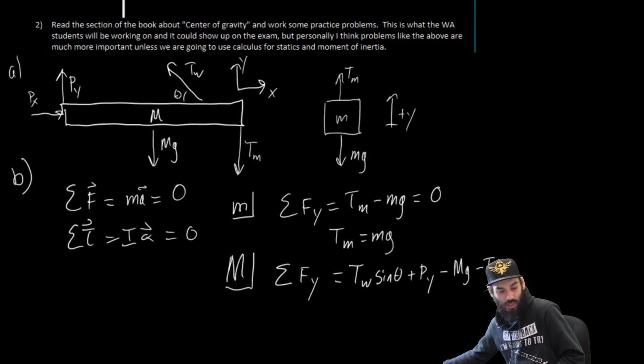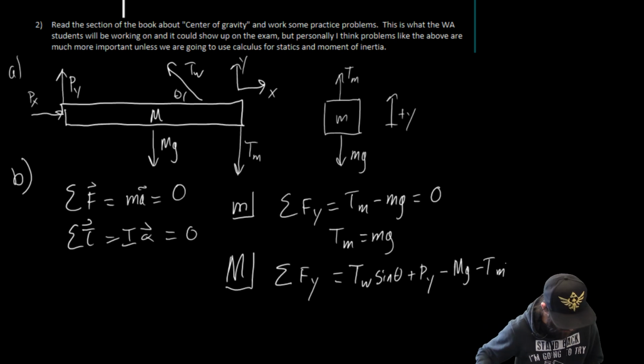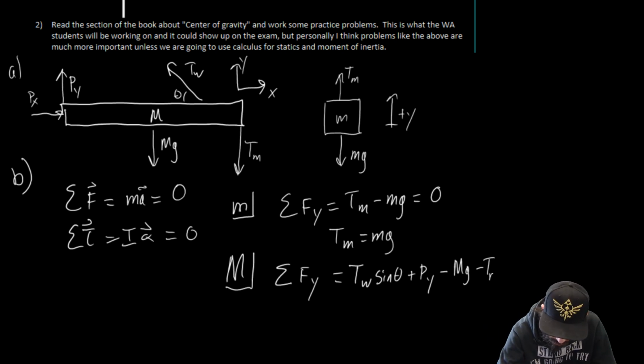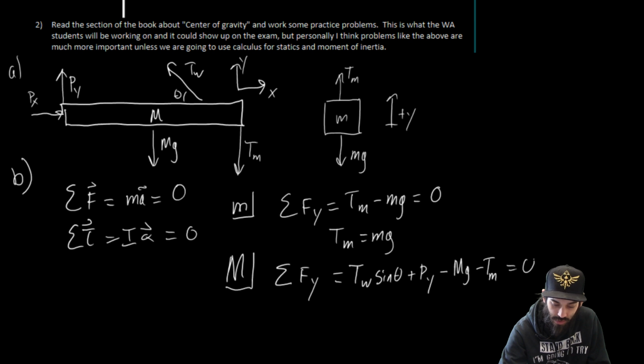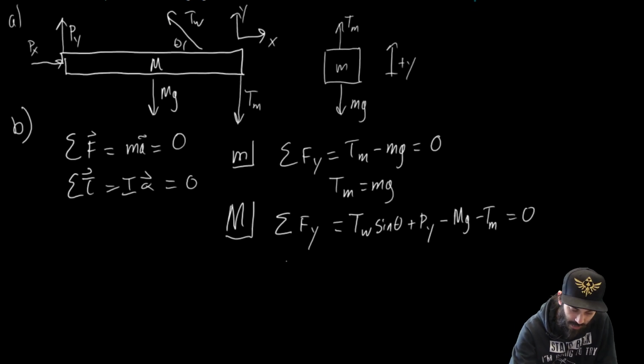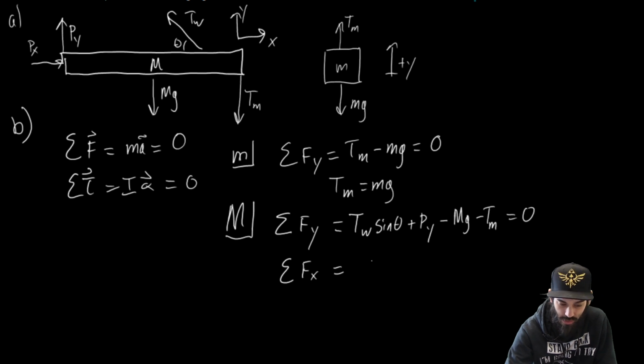That's equal to 0. Then we can sum our forces in the x direction. This is going to be P sub x minus T sub w cosine of theta, which is equal to 0.